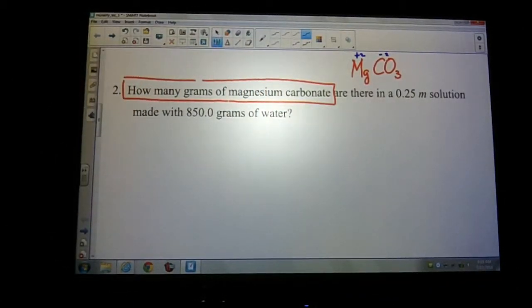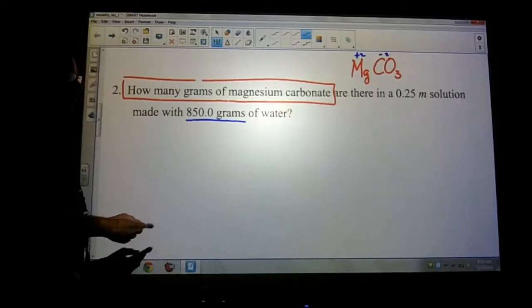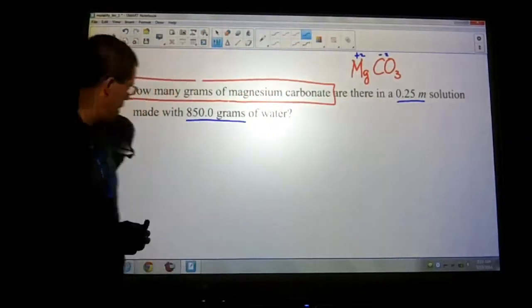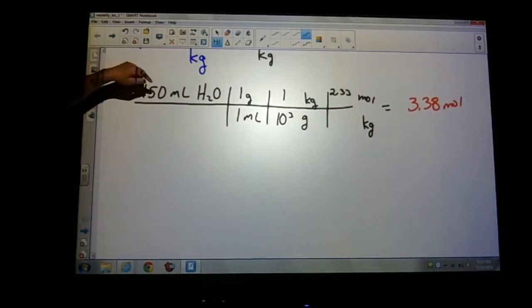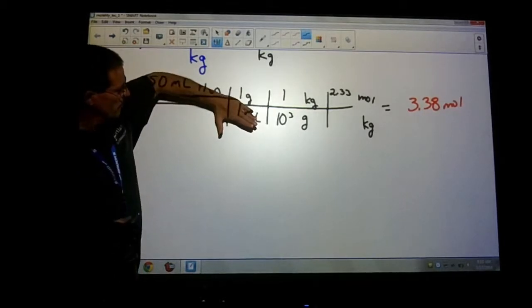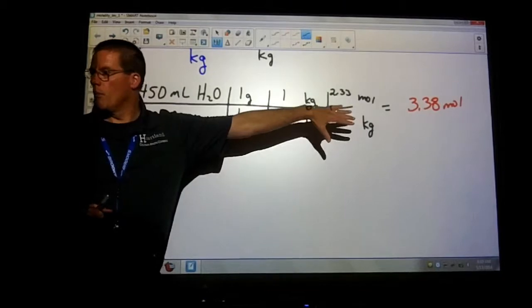The question wants to know how many grams of magnesium carbonate. So let me ask you this: do we know the mass and the molality? Yeah. If you know the mass and the molality, it's kind of like knowing the volume. We can change the grams into kilograms and then find out how many moles.